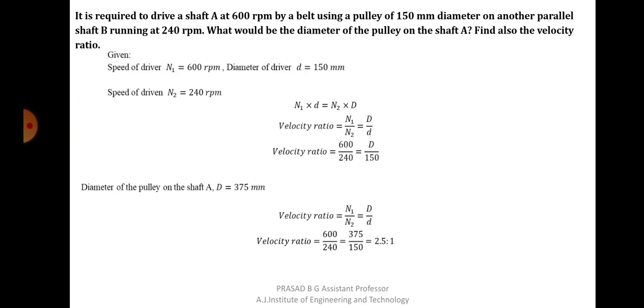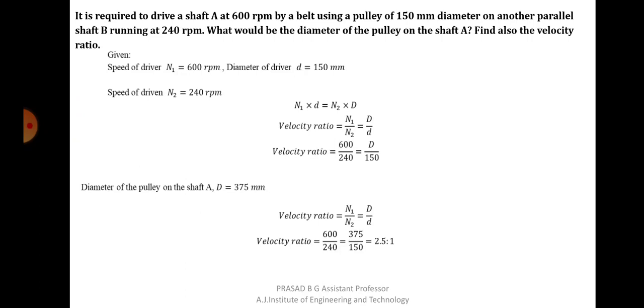I'll just read out. It is required to drive a shaft A at 600 rpm by a belt using a pulley of 150 mm diameter on another parallel shaft B, which is running at 240 rpm. What would be the diameter of the pulley on the shaft A? Find also the velocity ratio.